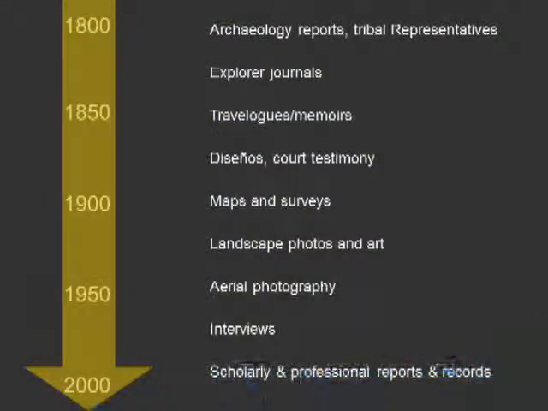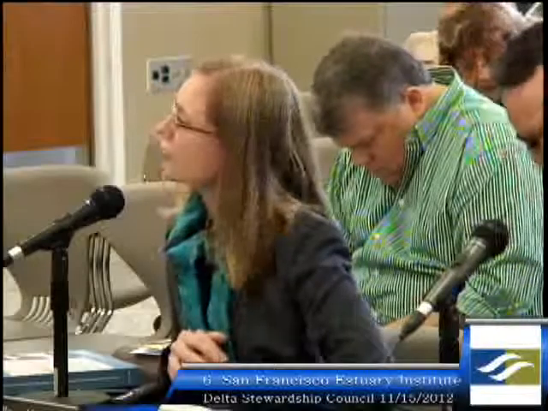Okay, so we're drawing from a diverse array of sources from the historical record, spanning many different eras. Our work really relies on a comprehensive data collection of what's out there. We're looking for sources like early maps, also diaries, people writing about their experience in the Delta during the early and mid 1800s, and also photographs and artwork, and aerial photography in the early 1900s.